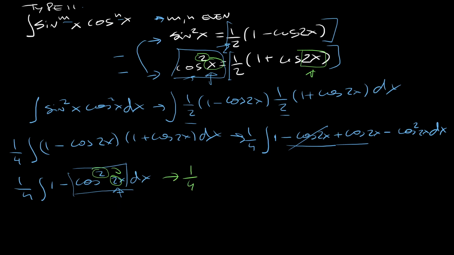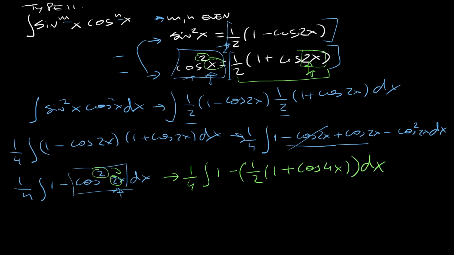So 1/4, and then 1 minus, and then we do the same substitution. It's 1/2, and then 1 plus cosine, the same thing. But instead of 2x, because in this specific case it's 2 times 1, because we have 2 here, it's now 4. So now we have 1 minus, and then open brackets again, 1/2, and then 1 plus cosine, but now it's 4x dx.